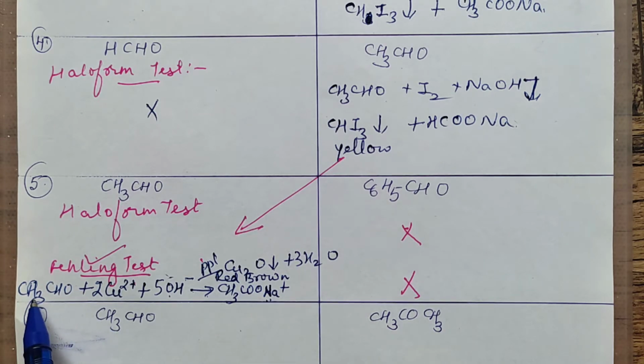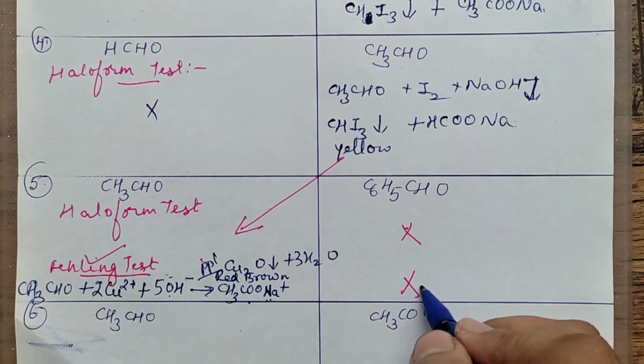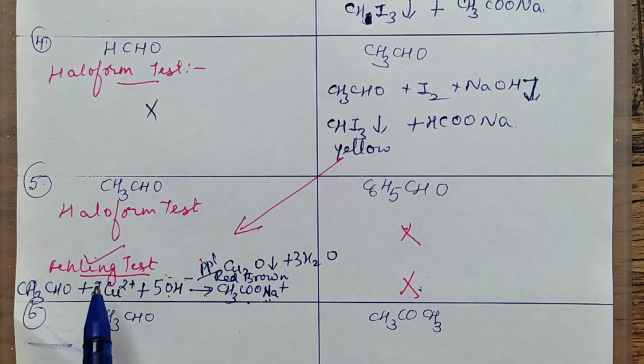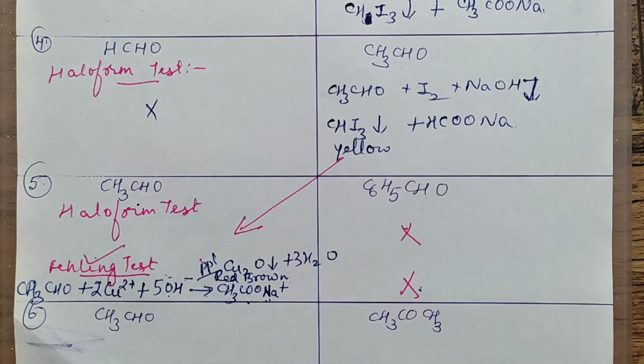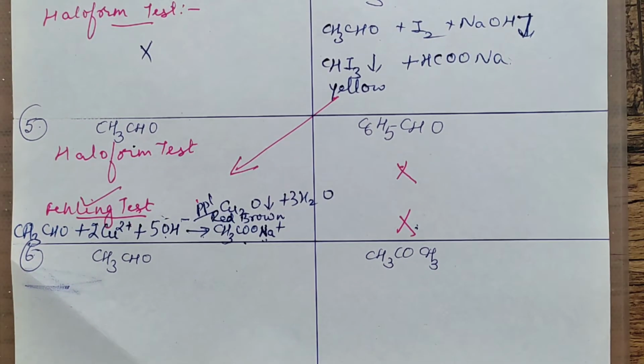The aldehyde is oxidized to acid, and cupric is reduced to cuprous, Cu2O, a red-brown precipitate, which is not given by aromatic aldehyde. So Fehling's test can be used to distinguish between aliphatic and aromatic aldehyde. We cannot use Tollens test because Tollens will be given by both. Fine.